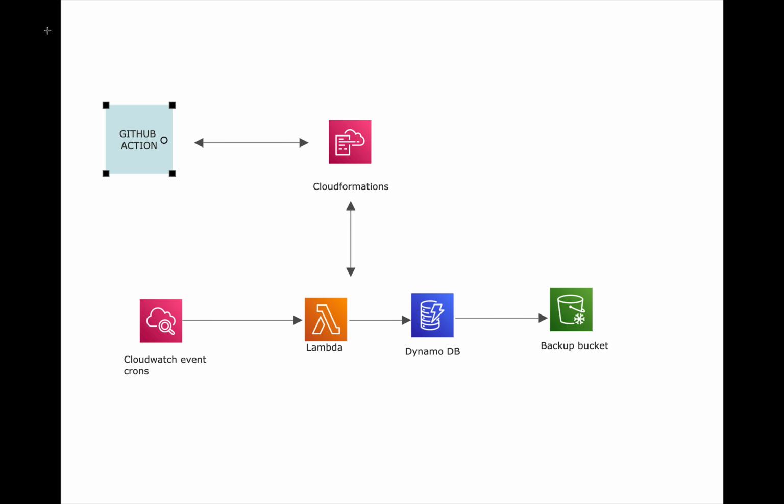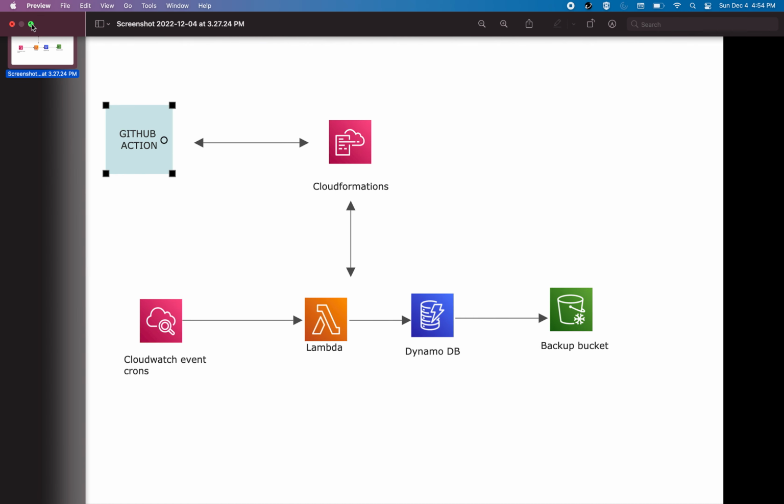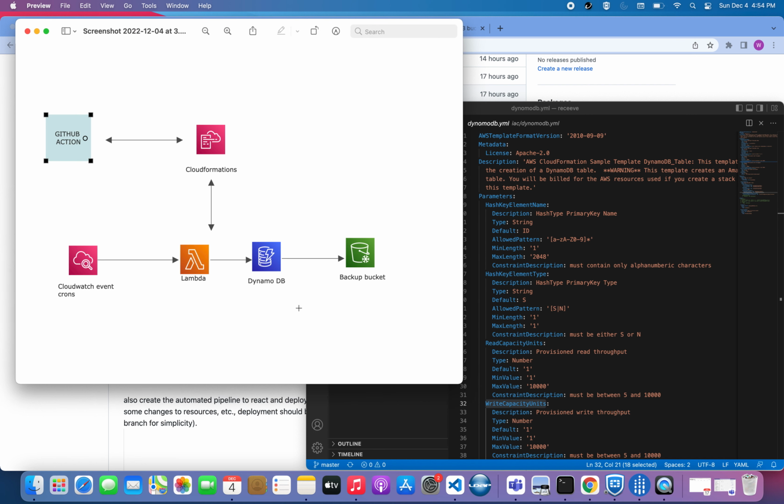This Lambda, using the AWS SDK, implements our backup strategy using the code we have written in the Lambda, and this backup is ultimately stored in the backup bucket. So this is the overall plan.